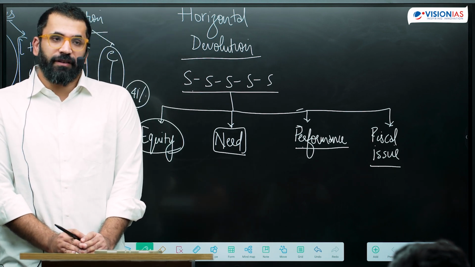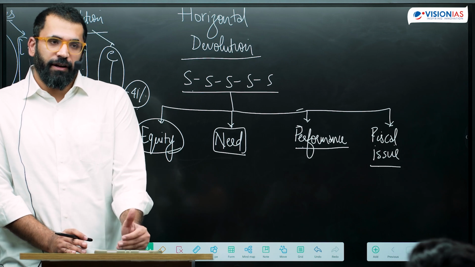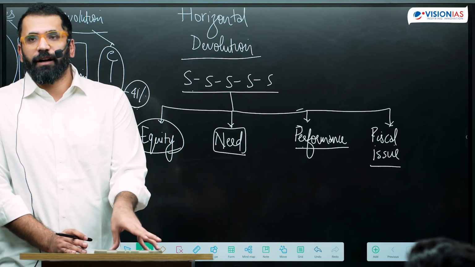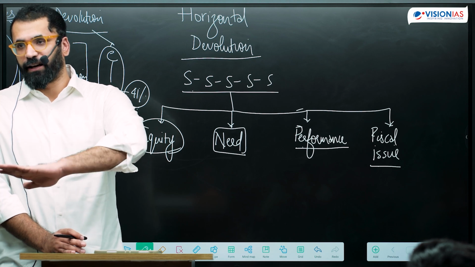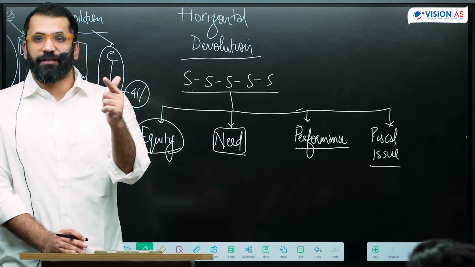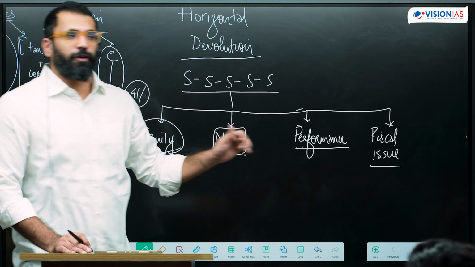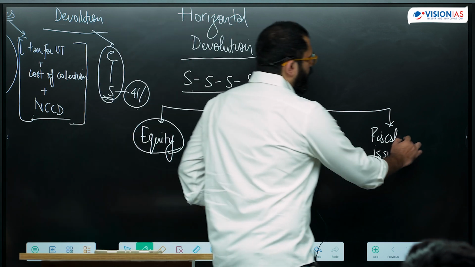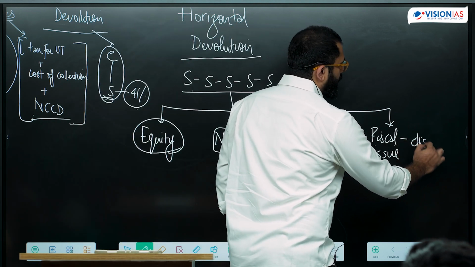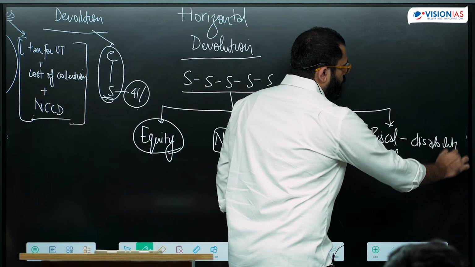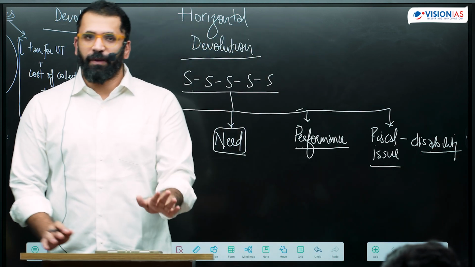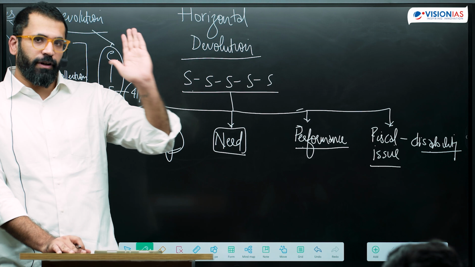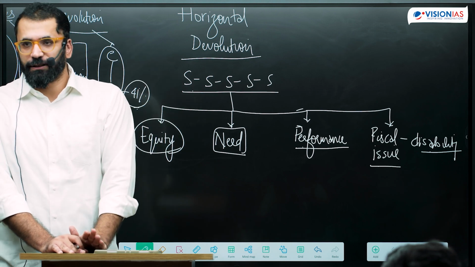For example, if a state has more forest cover, that forest cover leads to less capacity for both development and collection of tax. So in order to incentivize the states to not cut the forest, if you have a particular physical issue or a physical disability, that should also be taken into account. These are the 4 broad principles that determine the distribution of funds from the center to the states.